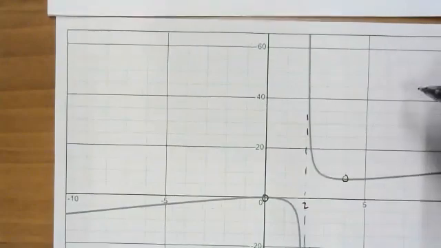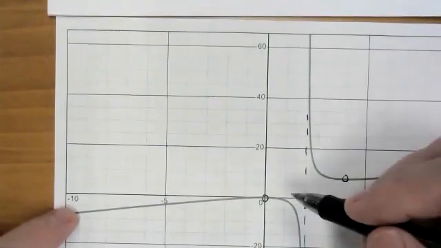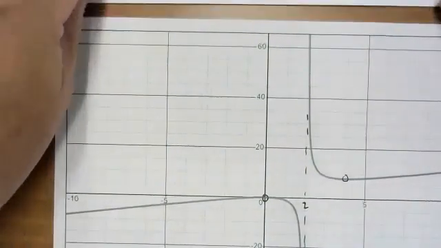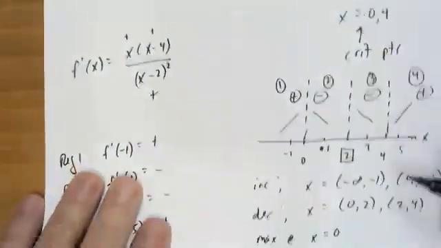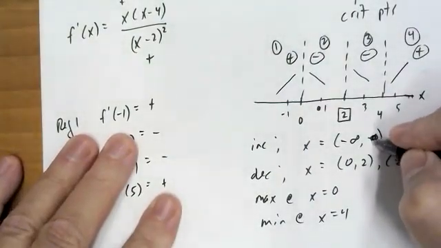So there are maxes and mins. And we said it's increasing from negative infinity to, oh, sorry, I wrote this incorrectly. Sorry. This increasing is negative infinity to 0. Sorry about that.